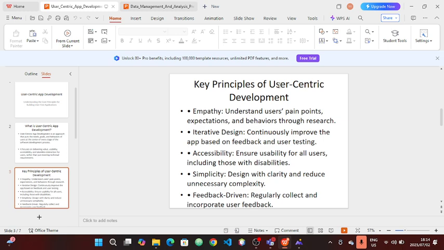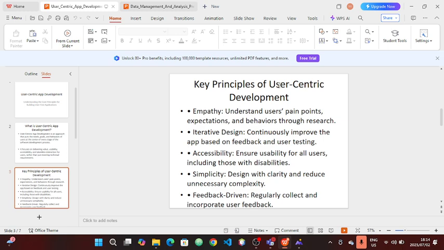So here you want to make sure that your project or your app is not one-sided. That is what I'm getting from here. You want to make sure you have a broader range of users.